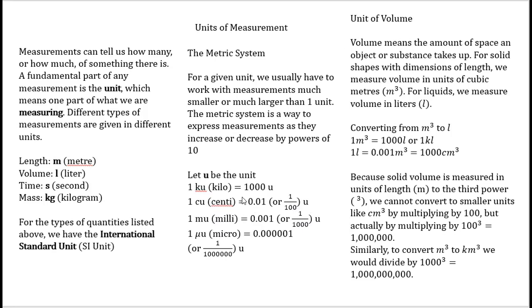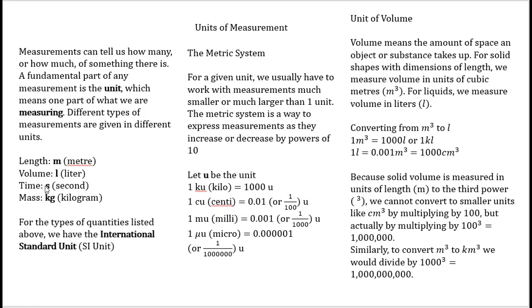So units can equal units when you're converting them, whether that's units of volume. So it could be 1 kilometer, 1 kiloliter, 1 centiliter, right? Now in time, we don't have kiloseconds. We have minutes and hours. So that is where that is different.